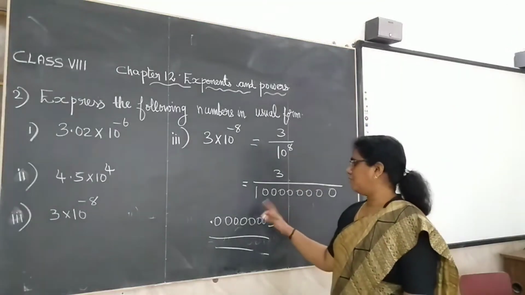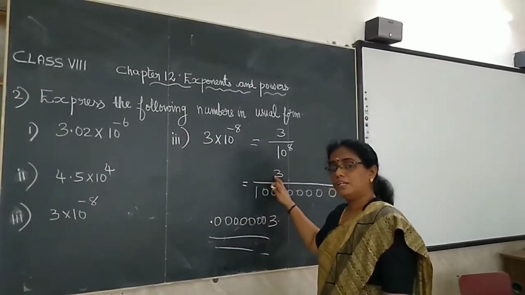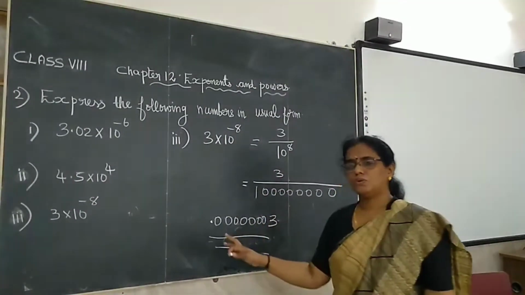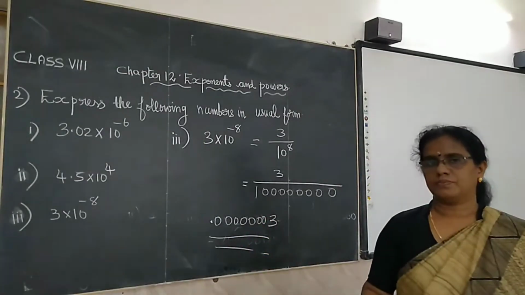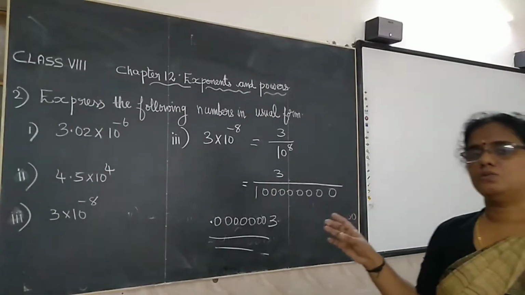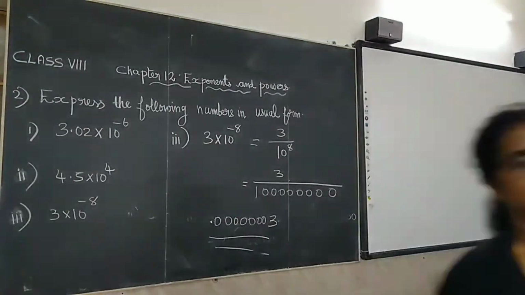Then shift it 8 places. So we have to add 0s, because here only 1 digit, here 8 zeros are there, so 7 zeros we added here, so that we got the answer. This is the answer. The remaining question in this, do as homework, try yourself. Thank you.